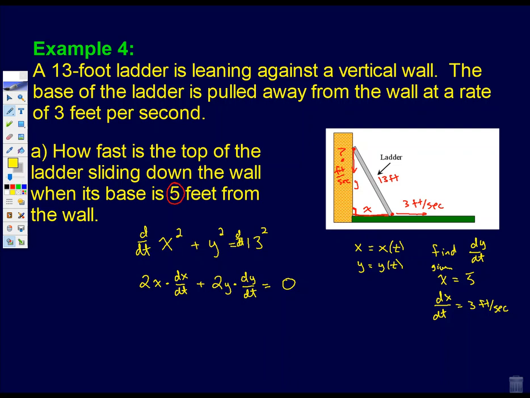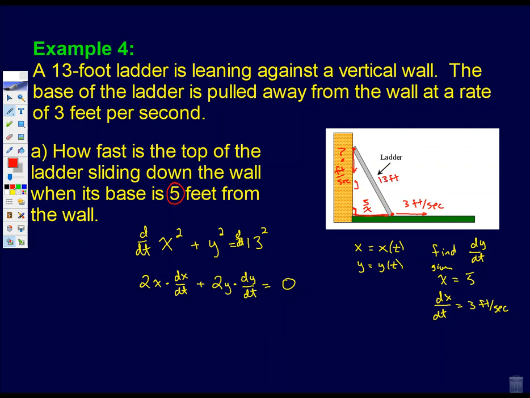I encourage you to pause the video and think about how you would do that. So I'm going to ask you to check your own work here. If I were just to freeze the picture and imagine that the ladder is indeed exactly 5 feet from the wall right now, then I can just imagine the triangle formed at this instant contains 13 and 5, and I just want to find y.